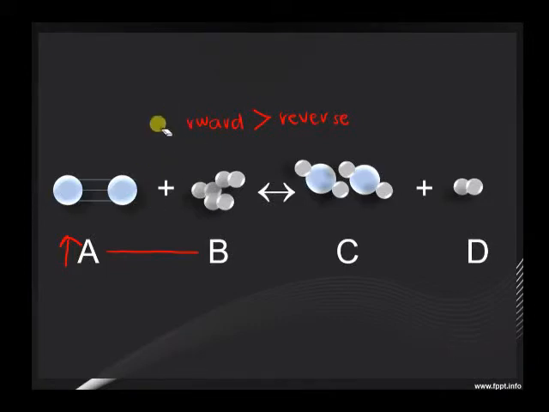But because of Le Chatelier's principle, we know that it will correct itself. Because the forward reaction rate is greater than the backward reaction rate, there will be more of C and D. So C and D are going to rise because the forward reaction is happening more than the reverse reaction.